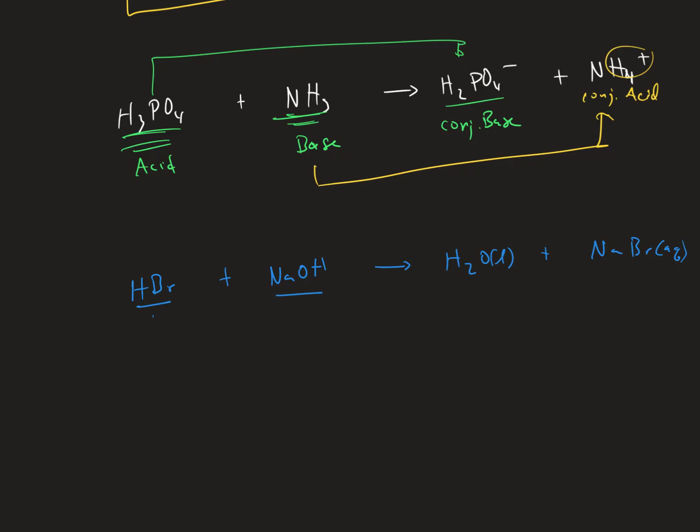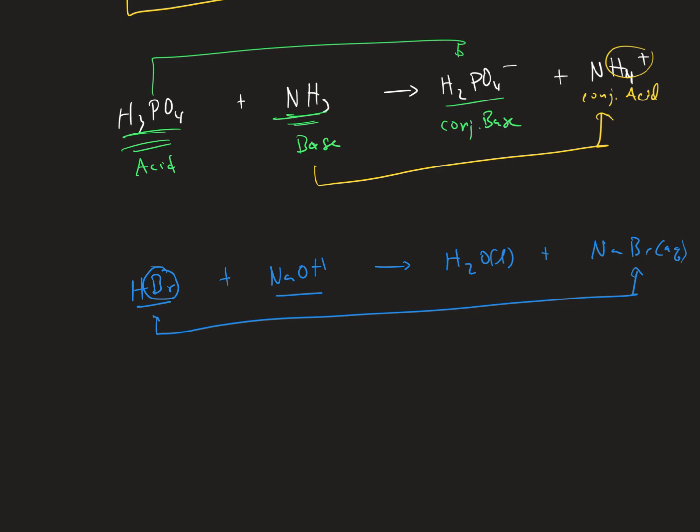This acid, remember, donated a hydrogen ion. What's left when it donates? The Br minus. Well, is that Na really there, guys? No, it's dissociated. How do we know it's dissociated? Because it's aqueous. We good?